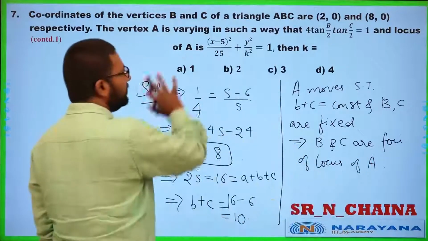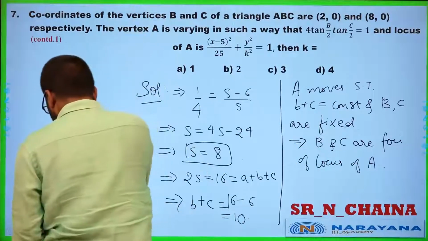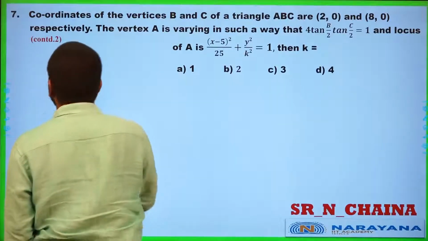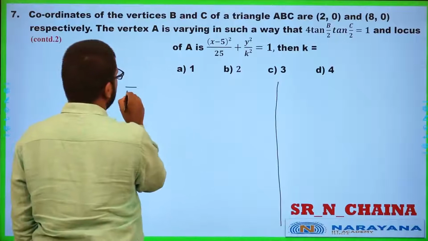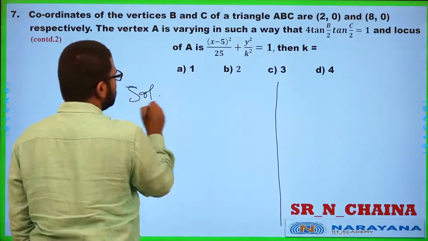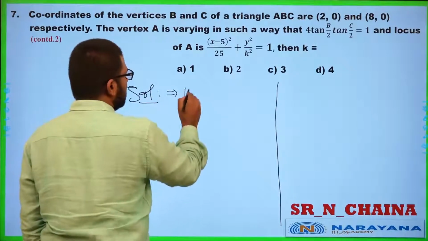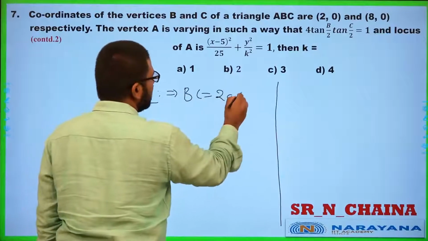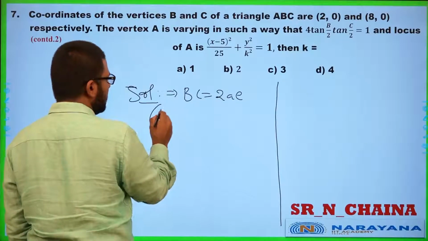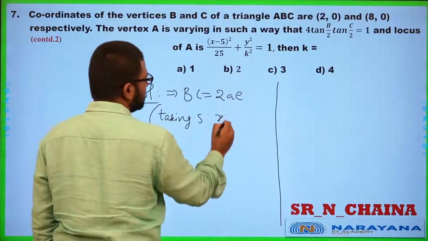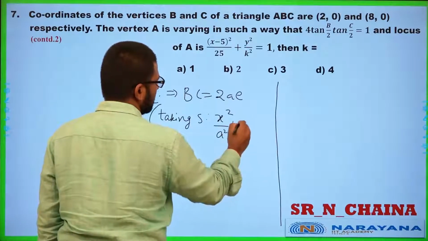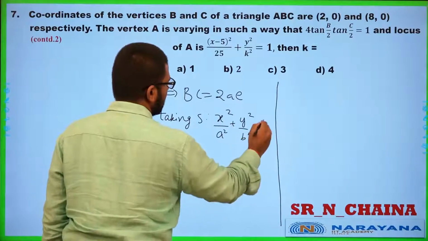That's it. We have everything we need. So from this we will conclude the length BC is actually 2AE, right? We are obviously taking a standard ellipse equal to 1.